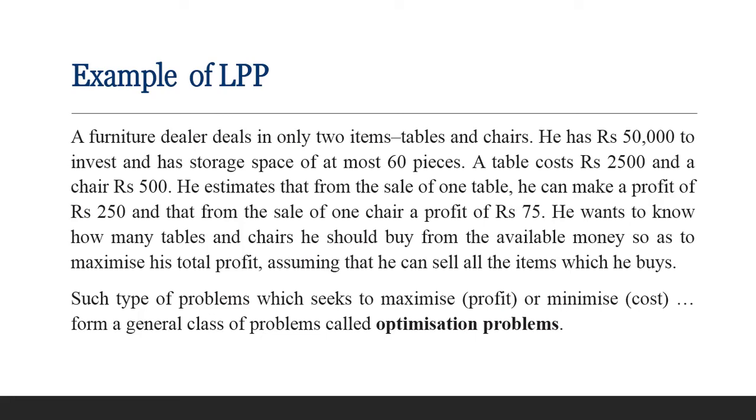Now coming to the cost, it is 2,500 rupees for one table and 500 rupees for a chair. Point number one is the investment money as well as the space. Point number two, the cost of table and chair. And point number three, the objective is profit, 250 rupees for tables and 75 rupees for chairs. So these are the three equations you have.